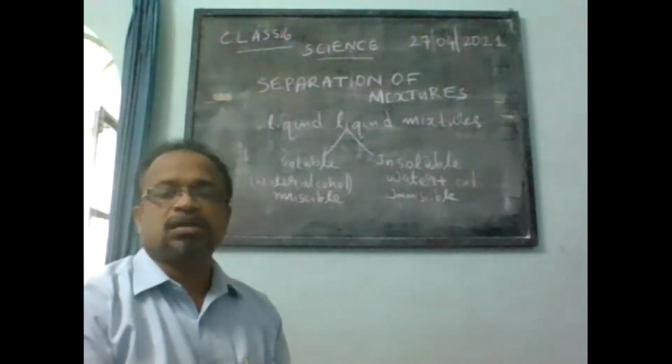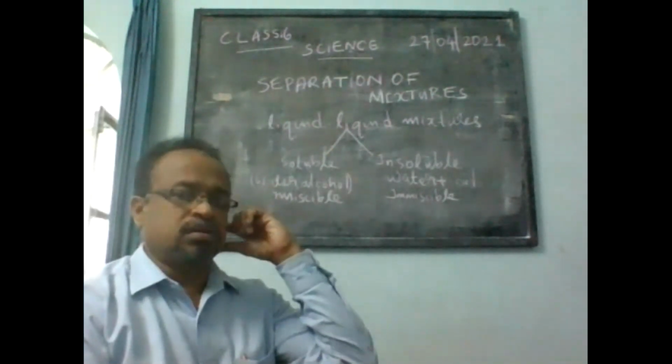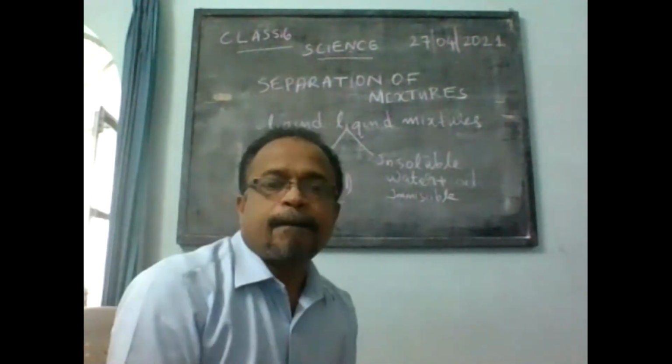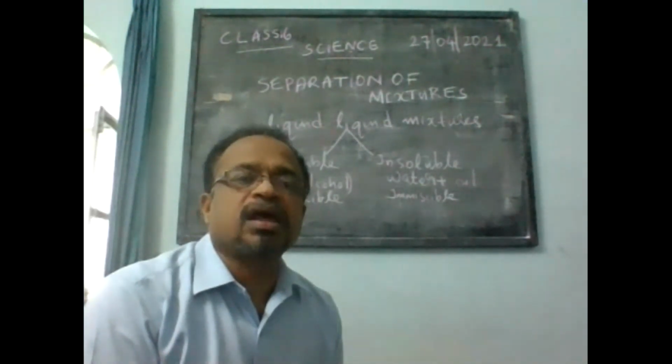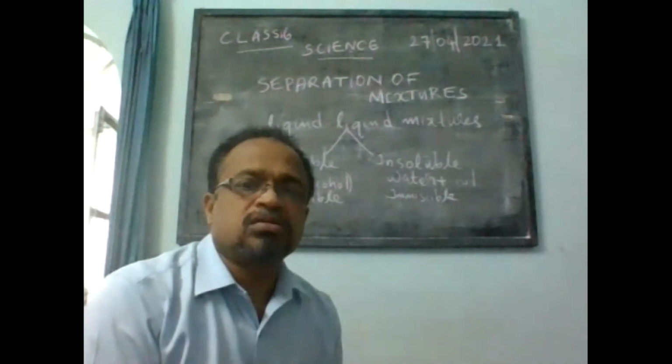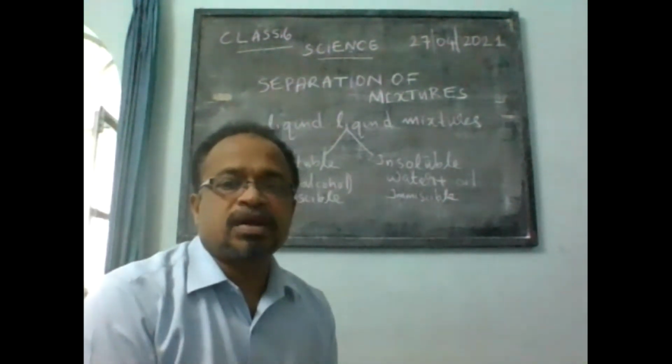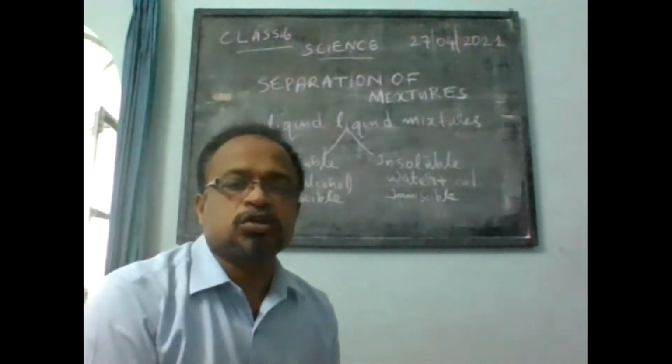Now, the method selected is based on the principle that the components differ in their characteristics. Now, I'll share a screen to explain a little bit about a different topic, solution.